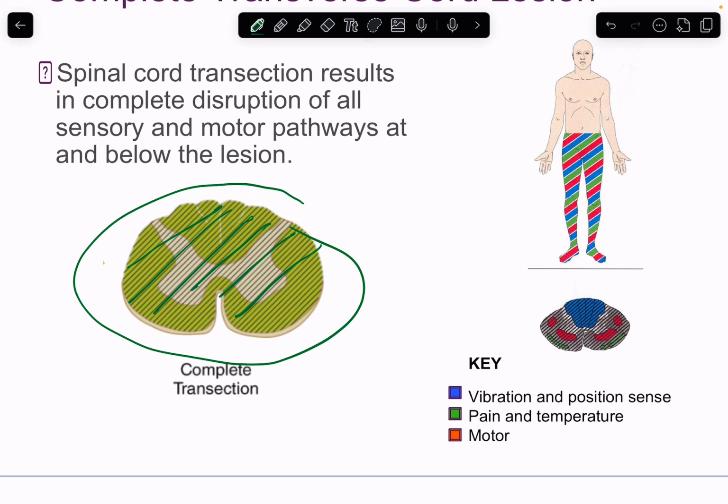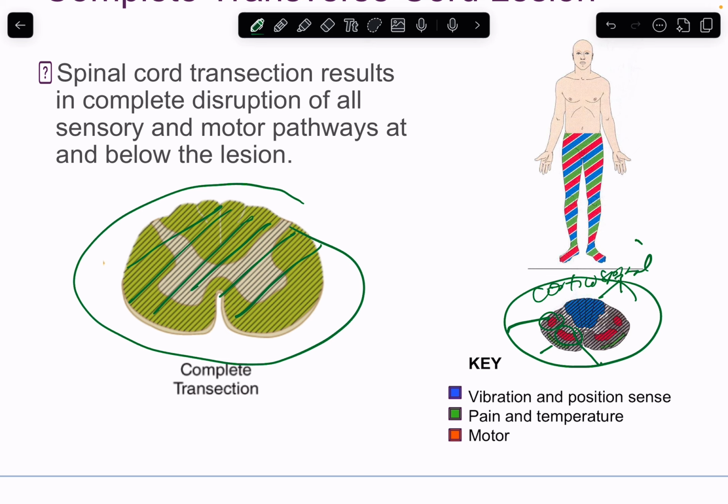Okay, nothing is spared. So if you look at this spinal cord, it shows the dorsal column, lemniscal pathway. It also shows the lateral spinothalamic tract, okay, and then the motor ones, the corticospinal tract, one ventral and one lateral uncrossed, right?